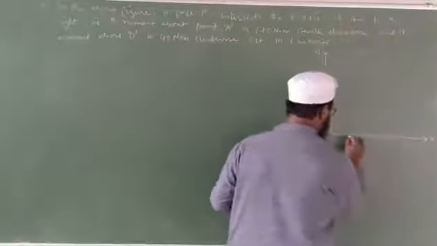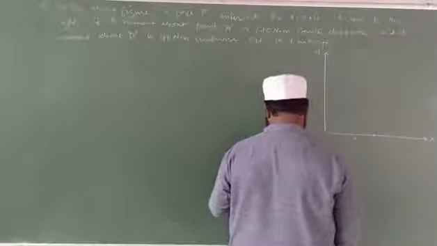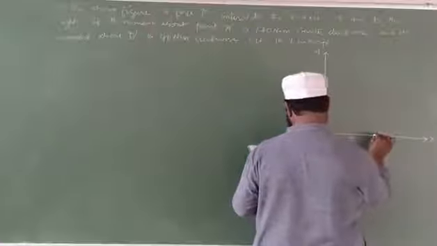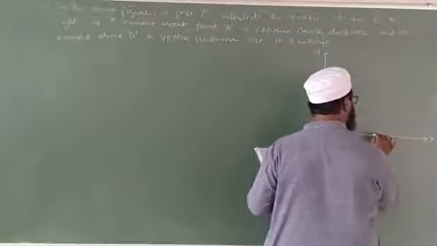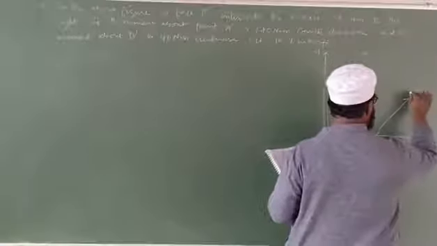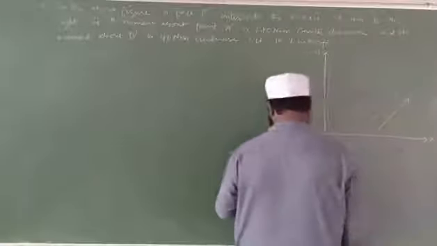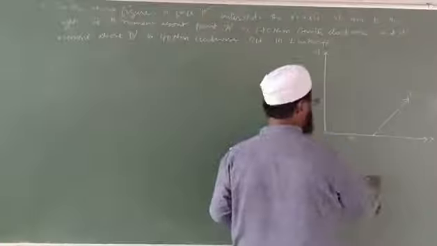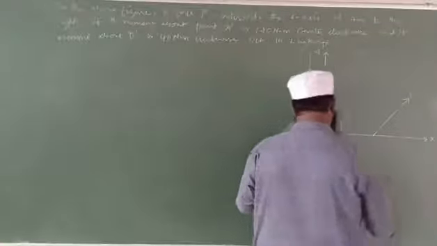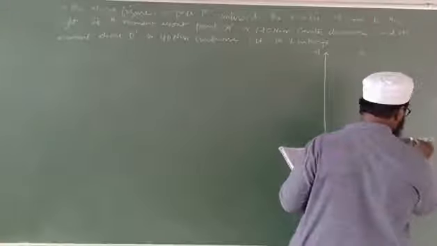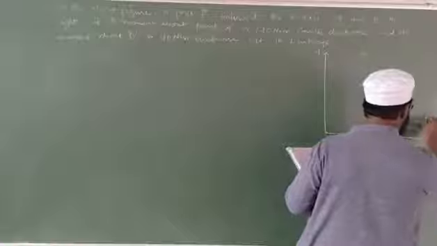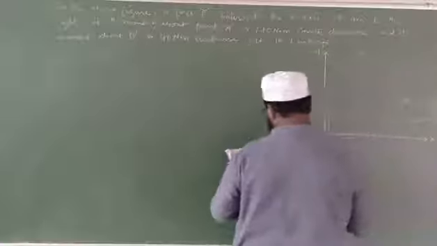At this particular point, at 4 meters, we have a force P, and because of this force, this is point B, with a moment of 40 Newton meter.